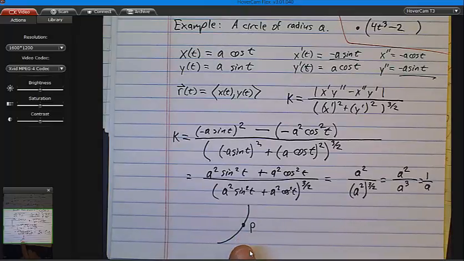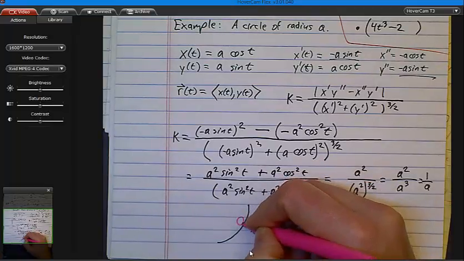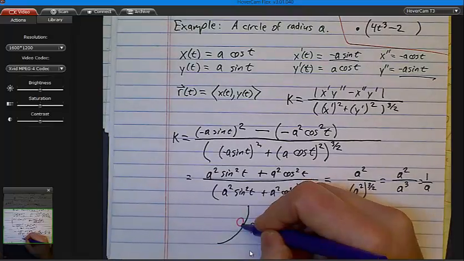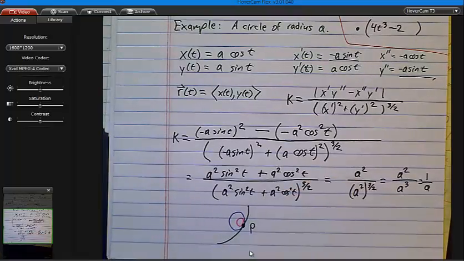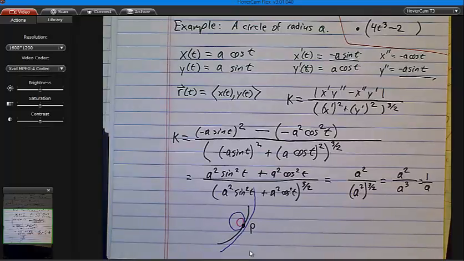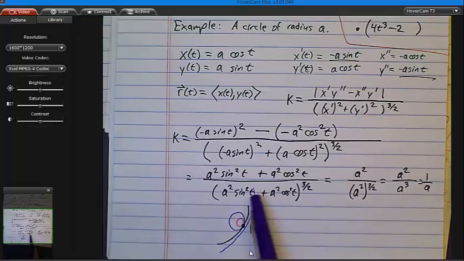Well, first, do you understand that I can draw circles that are tangent at point P? Do you know how many, though? There's actually infinitely many circles. You could have a little one. You could have a medium-sized one, etc., right? Only one of them has the same curvature as the curve.